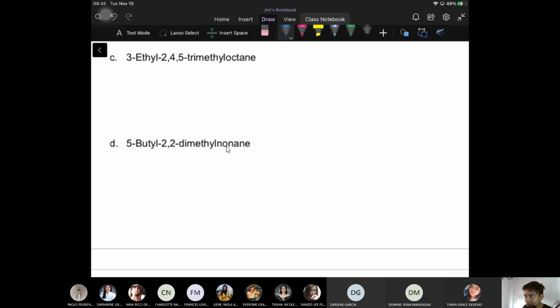This letter D. So, nonane. Nonane is 9 carbons. So, 1, 2, 3, 4, 5, 6, 7, 8, 9. Start from the left. You have a dimethyl on the second carbon. 2, 3, 4, 5.